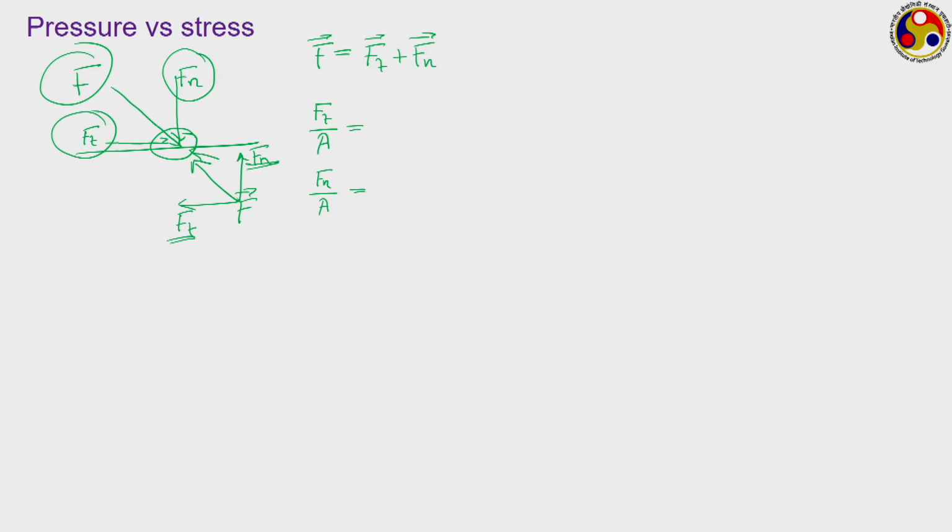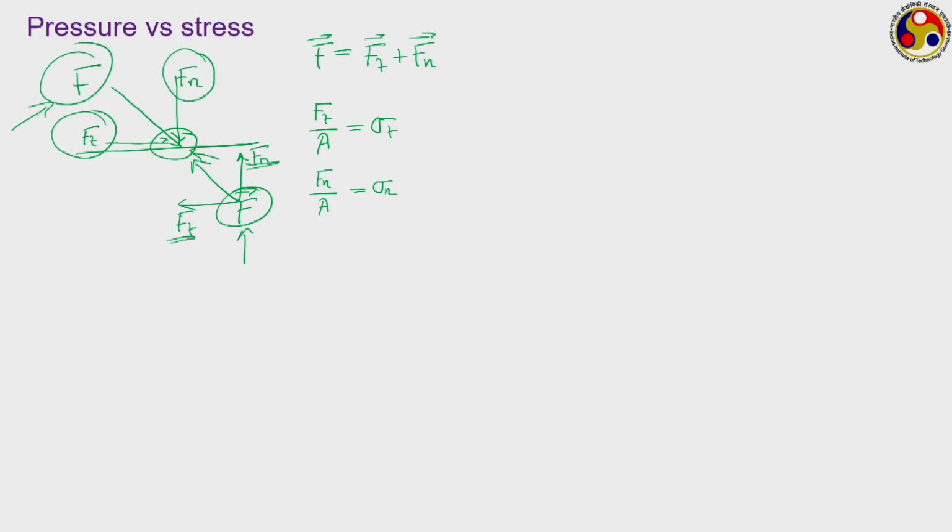Now, the force per unit area corresponding to these internal forces are the stresses. So, the magnitudes of the tangential stress sigma t and normal stress sigma n remain the same, because Ft and Fn are the same, and also we are talking about the same area, but the difference is in form of senses. Here Ft and Fn are not the components of the imposed force F, rather they are components of this internally generated resistive force F.